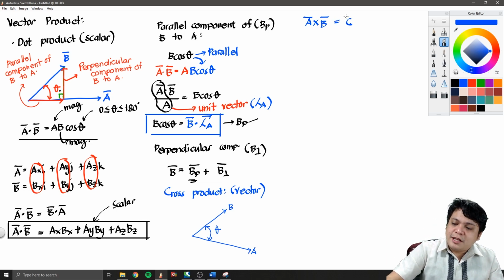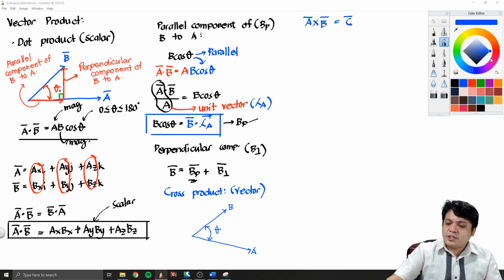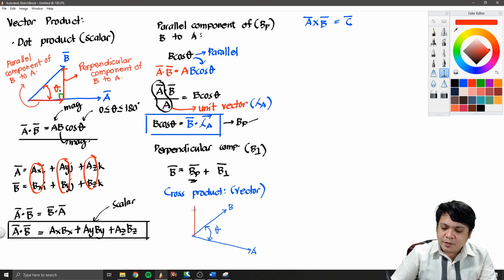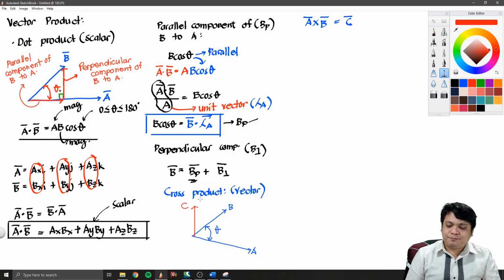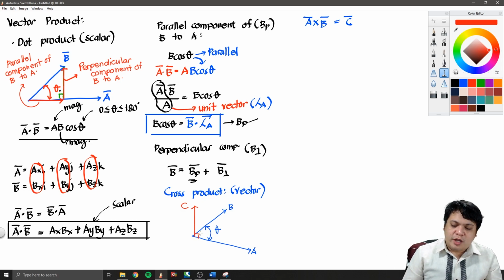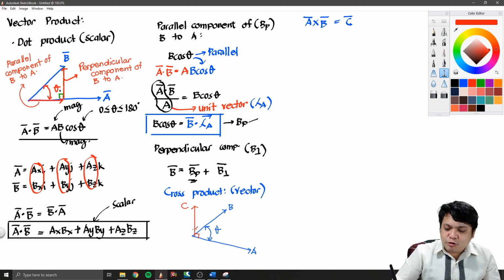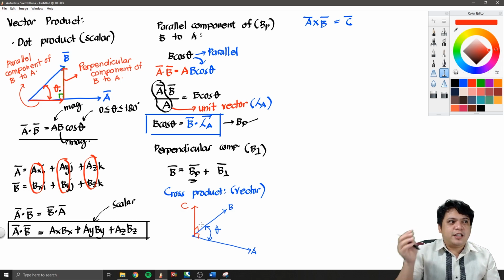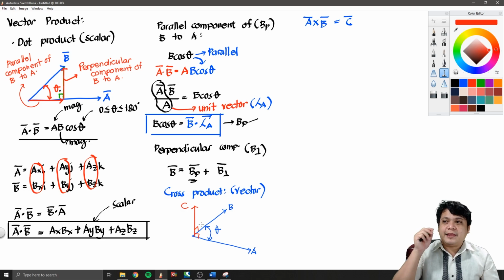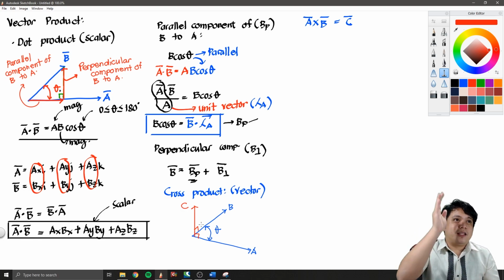So, yun yung another vector, C. Yung C na vector na makukuha mo kapag pinag-cross product mo yung dalawa is actually this C. Una, si C is always perpendicular to A. And then si C is also always perpendicular to B. So, ibig sabihin, si C is palaging perpendicular dun sa dalawang pinag-multiply mo. Okay? And its direction is always followed by the right thumb.